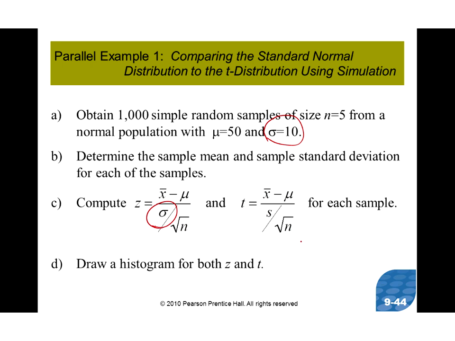And remember in StatCrunch, the sample standard deviation is the one that's just called standard deviation. The formula for population standard deviation was that unadjusted standard deviation and unadjusted variance.